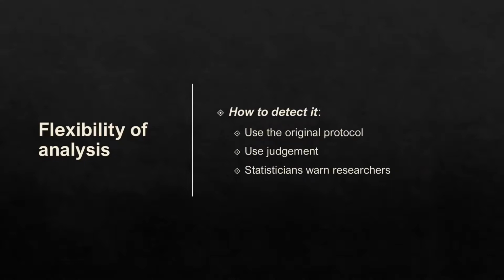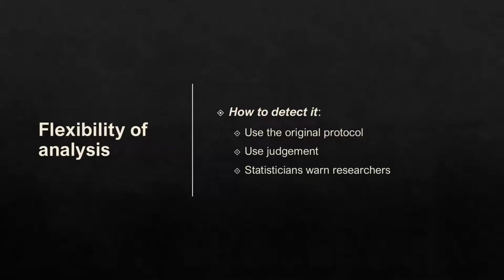How would a reviewer, or somebody who's writing a manuscript or doing research or reviewing a manuscript, detect it? Well, it can be difficult to detect if you don't have the original research protocol available. So that is why it's been quite encouraged that people should publish their research protocols.